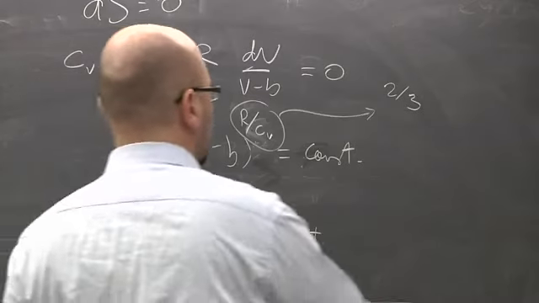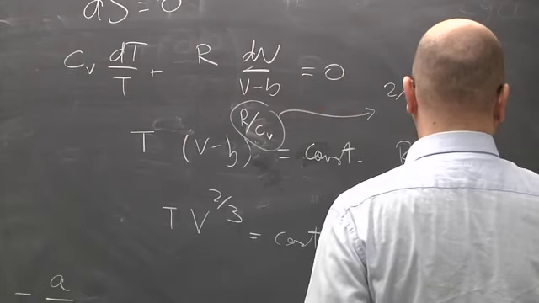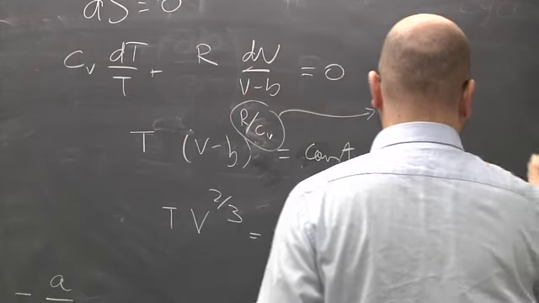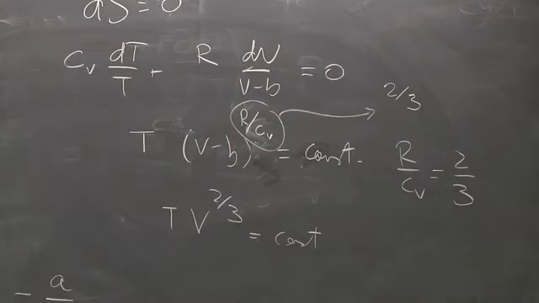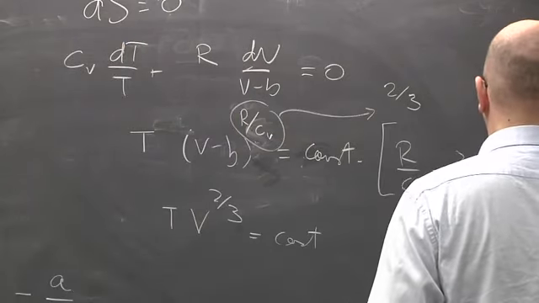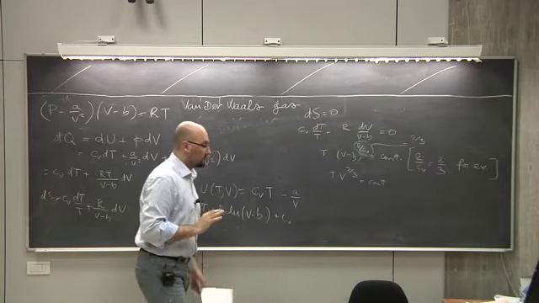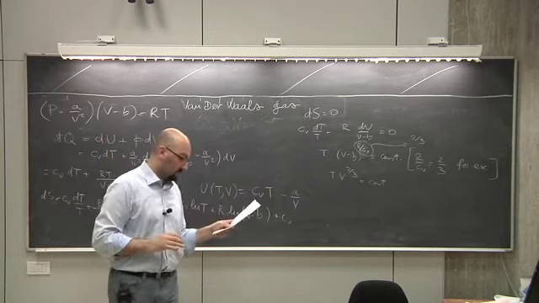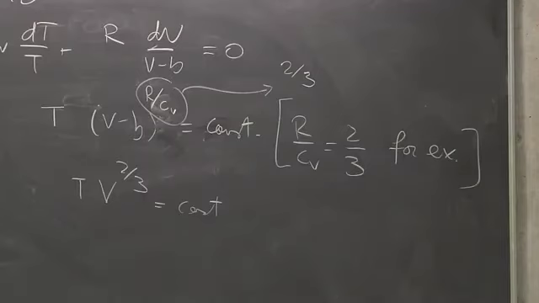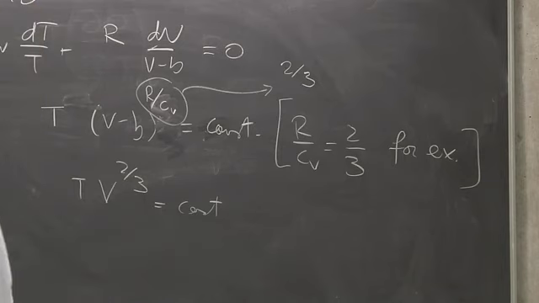Then let's assume that R divided by Cv is equal to 2/3, for example. As I said, it doesn't have to be, okay? It's just to put some numbers on the blackboard. So we can take this equation and substitute the equation of state.